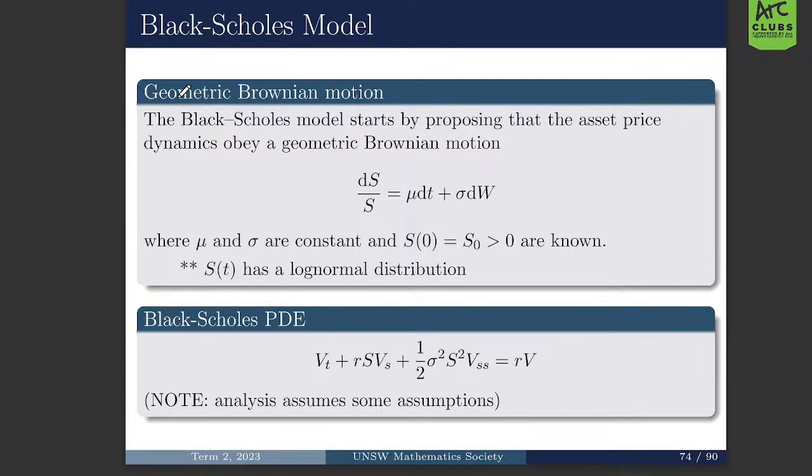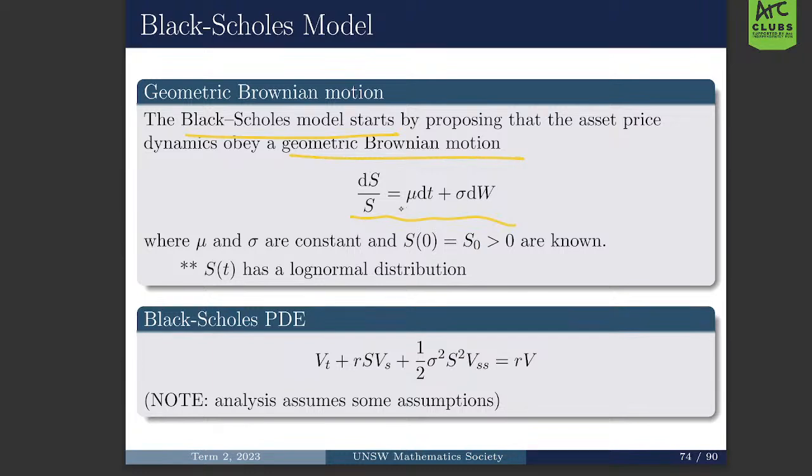You see that the Black-Scholes principle starts by proposing that the asset price dynamics obey this geometric Brownian motion, which is this equation over here. And again, if they are going to test you or tell you to derive something using Brownian motion, they will provide this formula for you. But you should recognize that this is talking about Brownian motion.